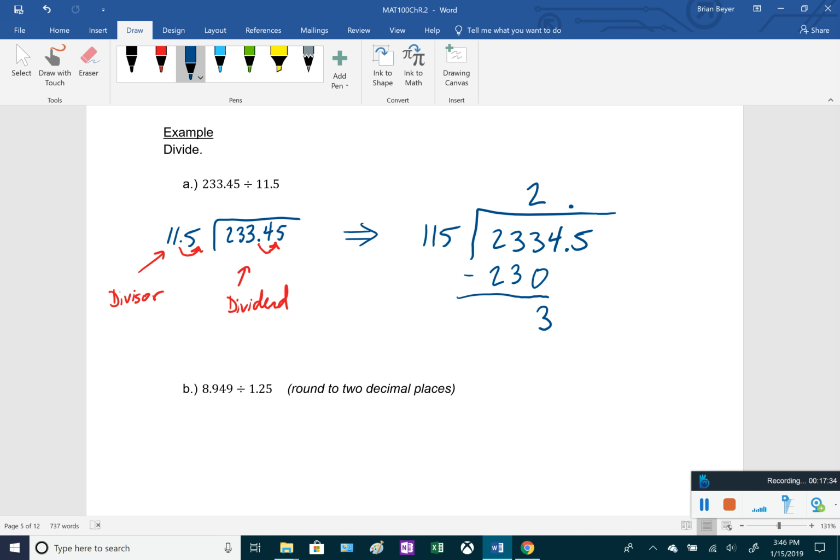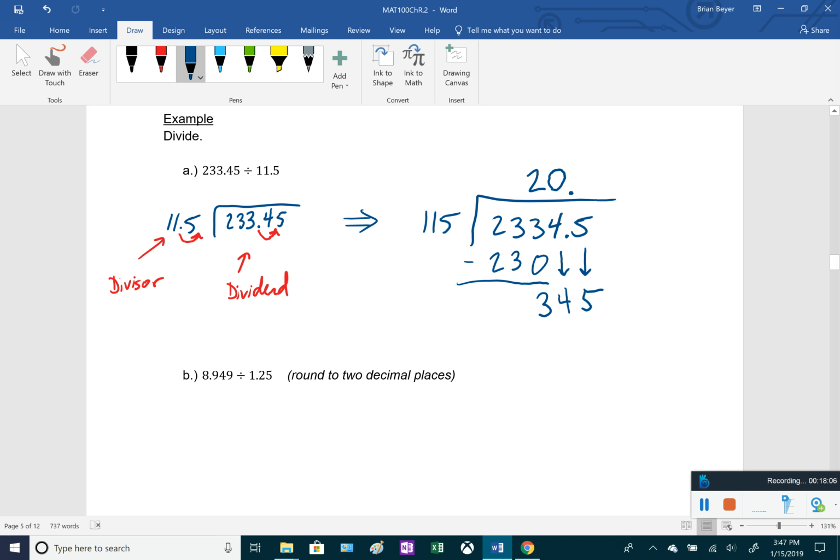Then we need to bring down what was left over, these 3, 4, 5. Bring down the 4 first. Then we think how many times does 115 go into 34? It does not go in at all because it's smaller, so we have to put a 0 here. So now we bring down the 5 for help.